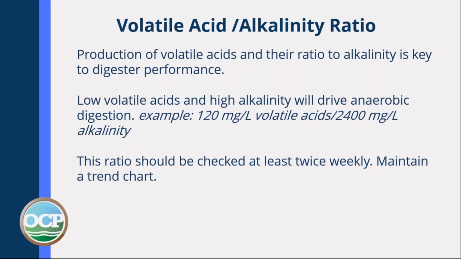For example, 120 milligrams per liter of volatile acids and 2,400 milligrams of alkalinity. This ratio should be checked at least twice a week, if not more often, and maintain it on a trend chart so you can see if this ratio is going up or going down.